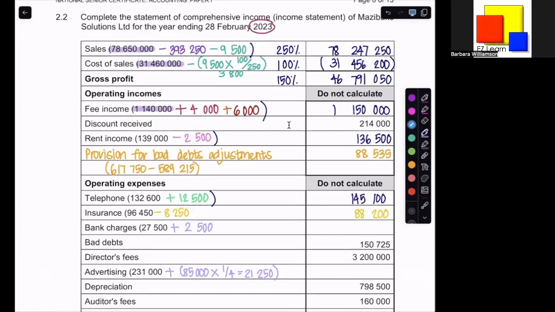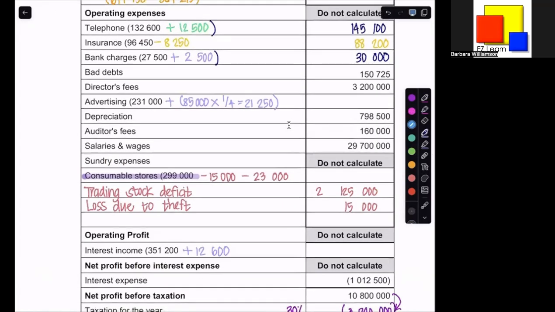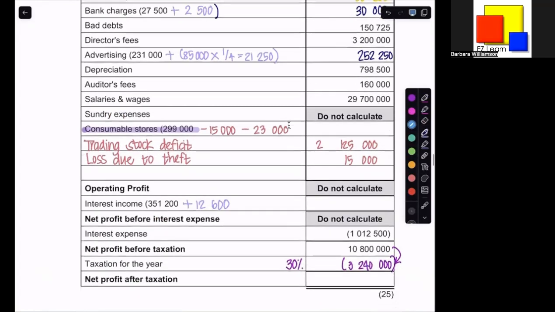You've already shown your insurance figure. That was a given figure. Bank charges you'll calculate as 30,000. Advertising, you can work out as 252,250. Consumable stores, you'll have 261,000.